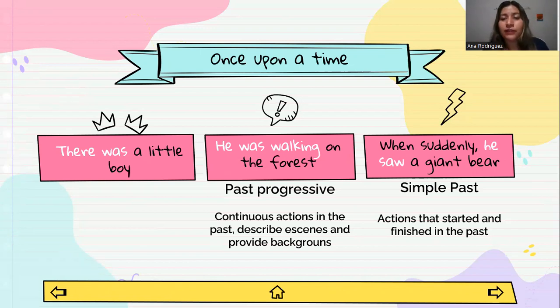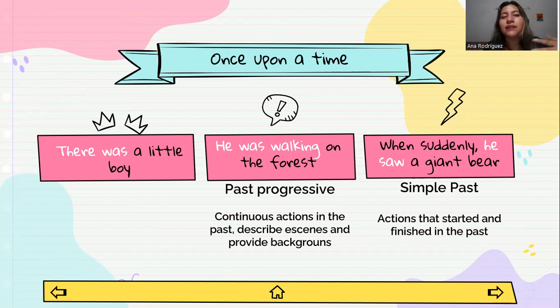Okay, but we are going to see only these ones today. For example, we say, once upon a time, there was a little boy. He was walking in the forest when suddenly he saw a giant bear.